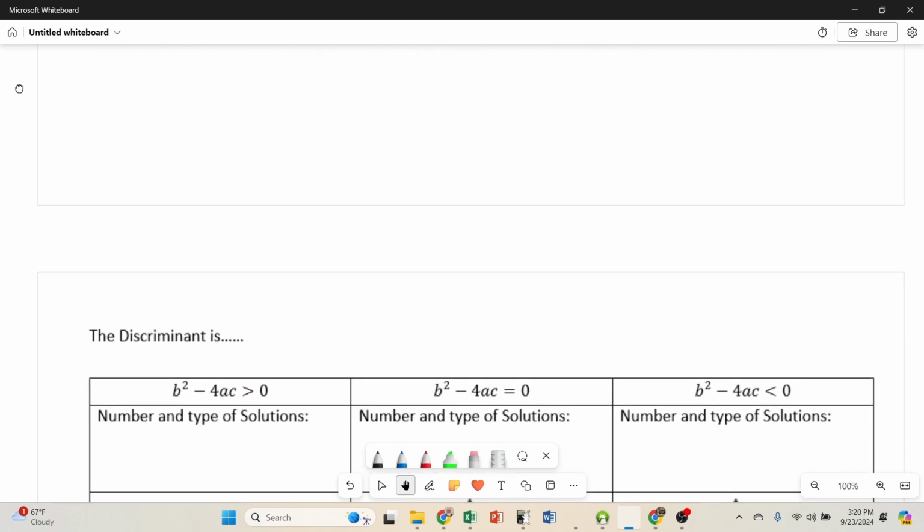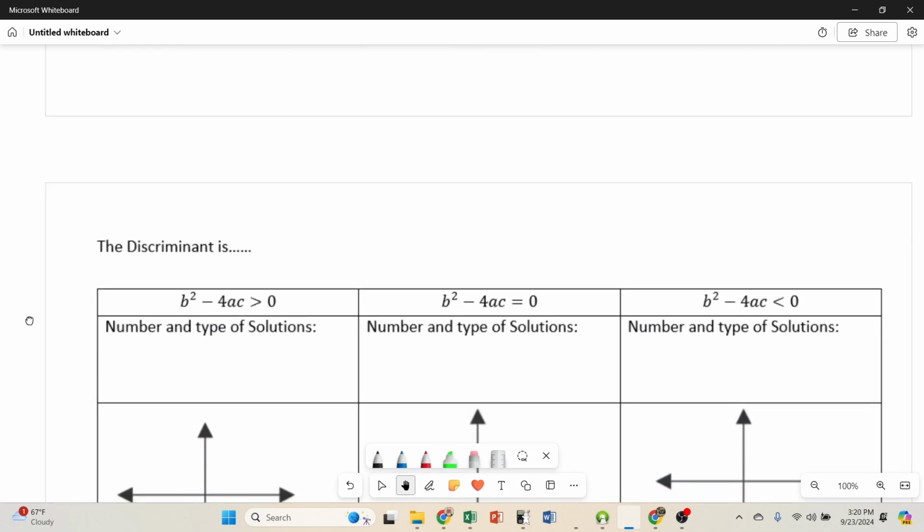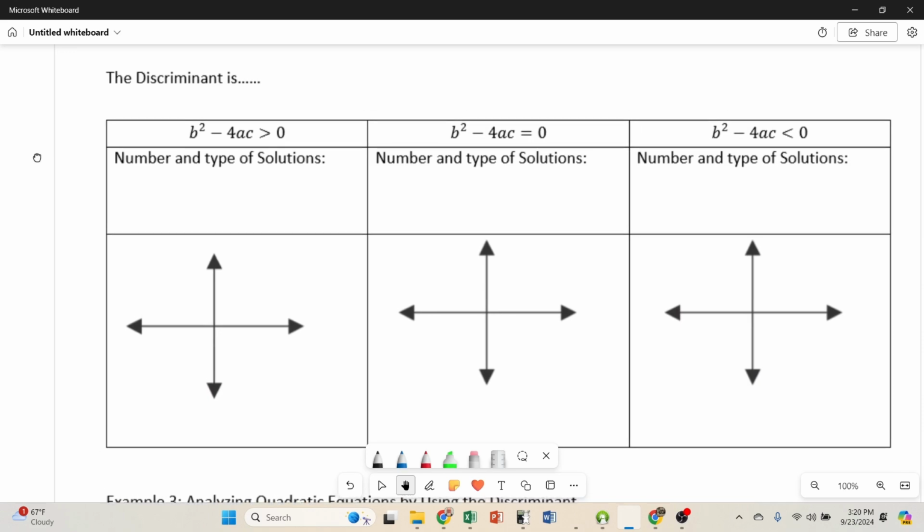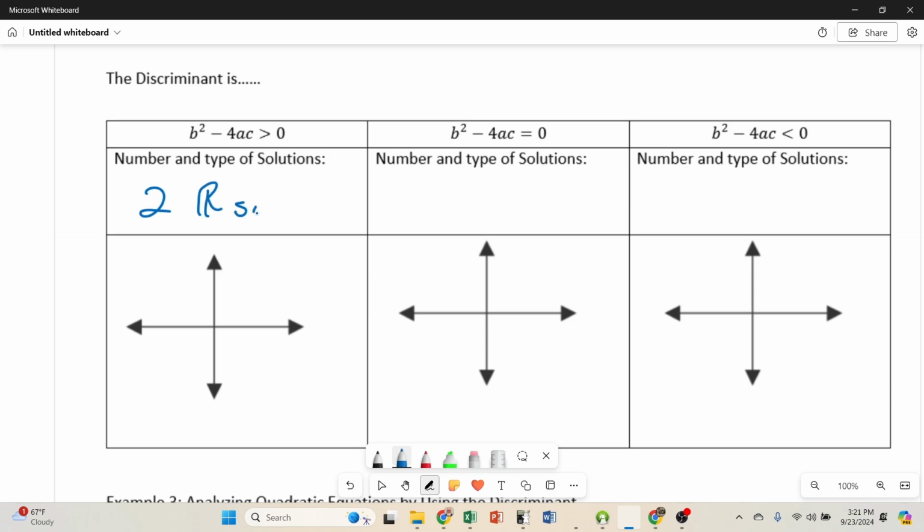So what does the discriminant do? It tells us the number and type of solutions it has. So if b squared minus 4ac is greater than 0, it has 2 real number solutions.